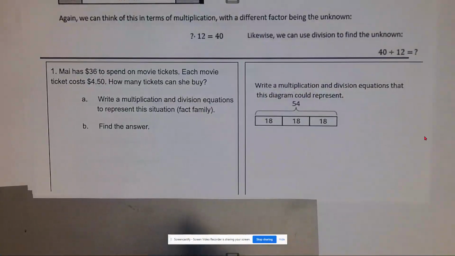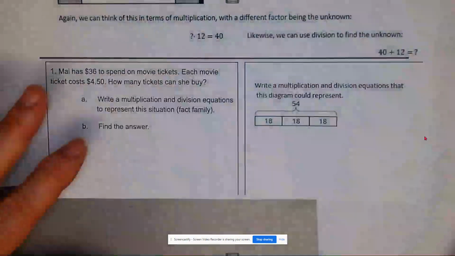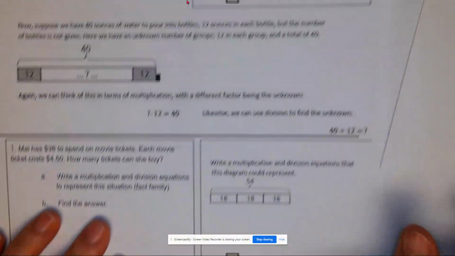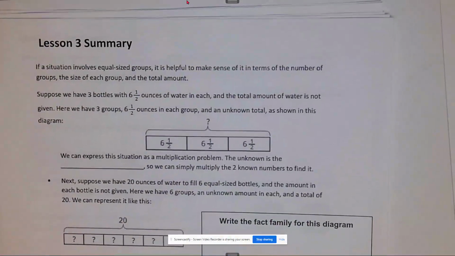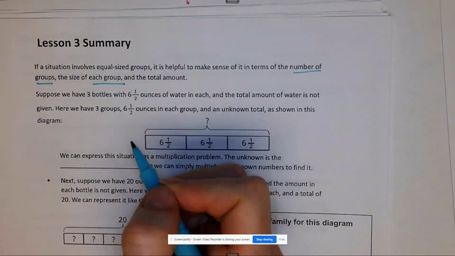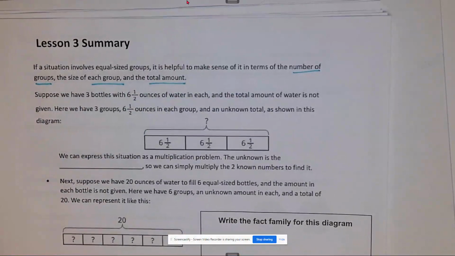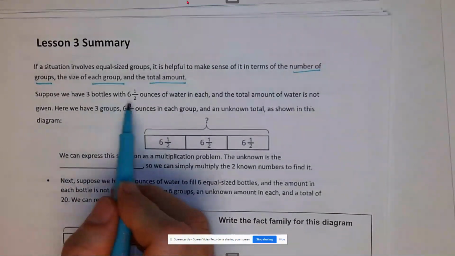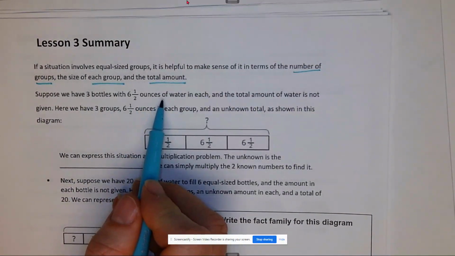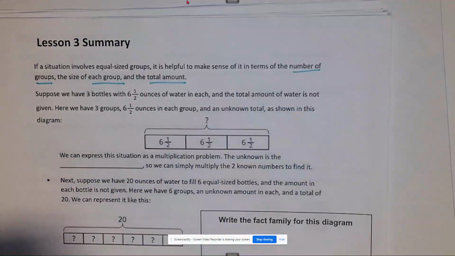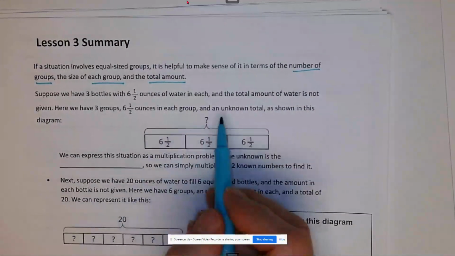Okay. Lesson 3. When you have equal size groups, the number of the groups and the size of the group, and thinking about the total. So we're always thinking number of groups, size of group, and the total. We have 3 bottles with 6.5 ounces of water in each. The total amount of water is not given. 3 groups of 6.5.